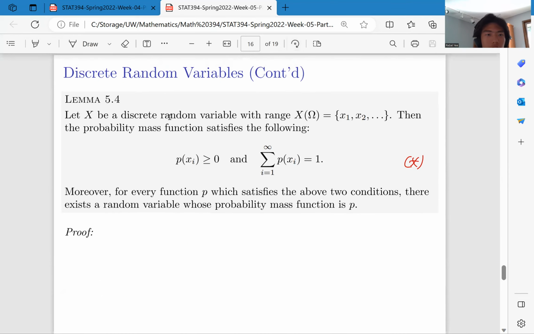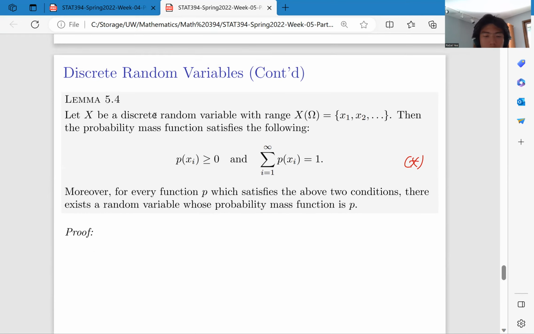And in addition, the discrete random variable has more properties, just like the probability we defined before for different outcomes, events, and experiments. Random variables have similar properties: for each of the xi, the probability mass function for those realizations is greater or equal to 0.